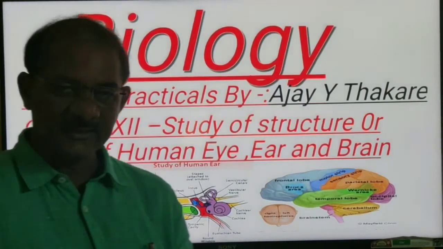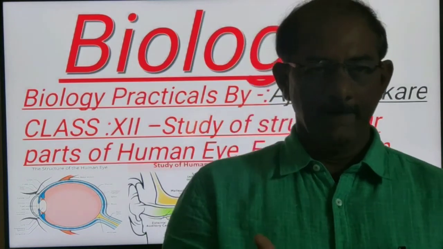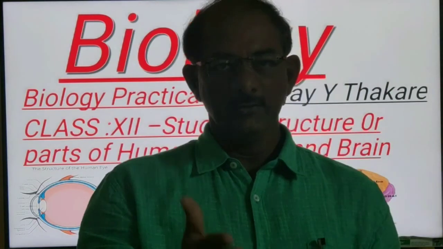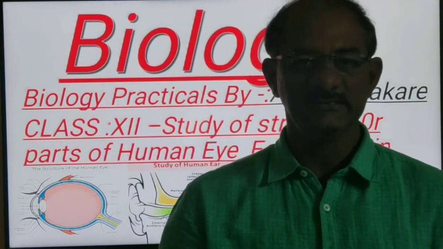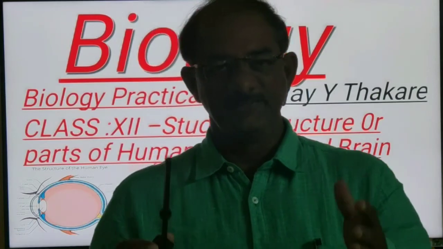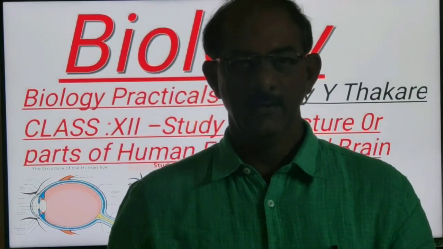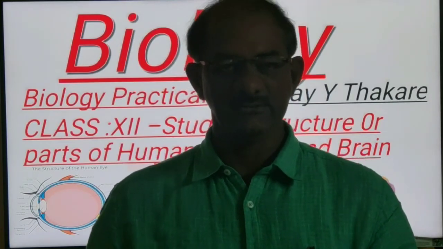So in our practical syllabus, generally two types of practical lists are offered. One is the experimental list and another is the spotting list. The experimental list is not possible because a laboratory is not available.